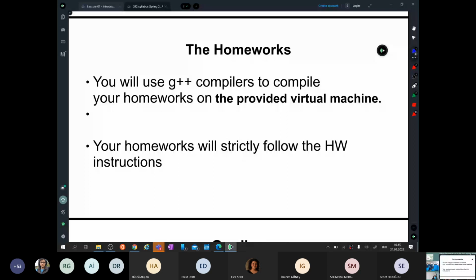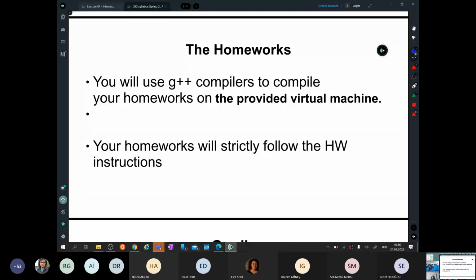I am not going to ask you to buy one of those computers, but they are very cheap actually. For less than 150 Turkish liras, you can buy a very simple Raspberry Pi computer. But I am not going to ask you to buy one. Maybe you can share one with one of your classmates.